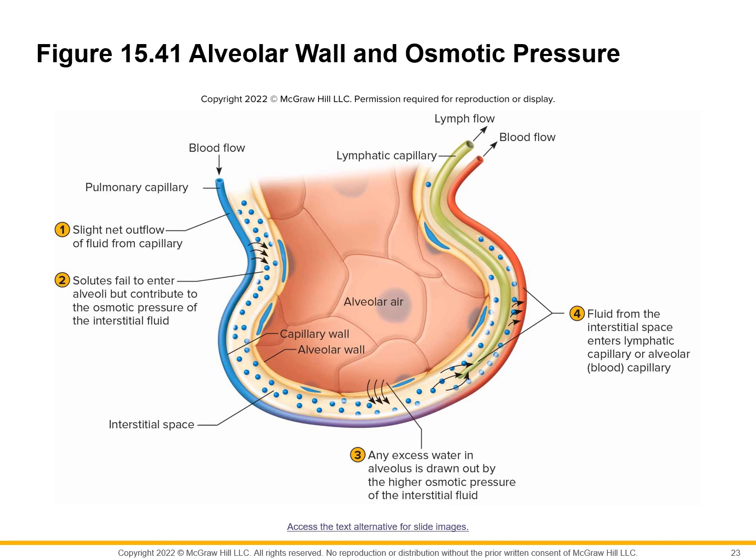So the solutes fail to enter the alveoli. Why? Because there is osmotic pressure in the interstitial spaces. So this osmotic pressure will pull back and draw the water that can be found in the alveolar air, or the alveoli.